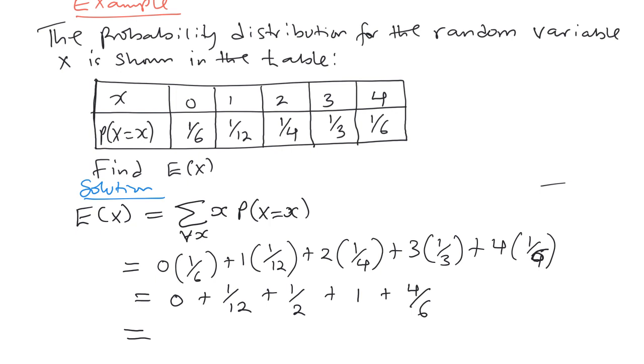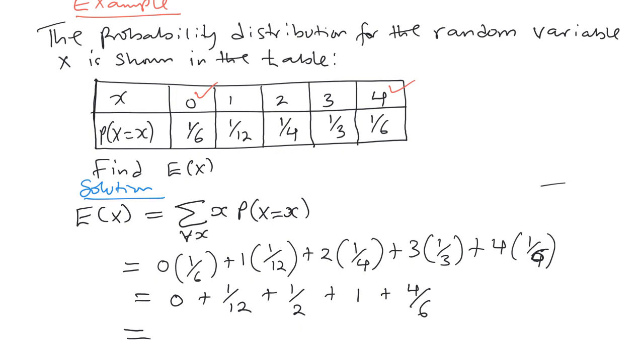But what you have to know about expectation is that it is going to be an x value between 0 and 4. The expectation cannot be less than 0 in this case or more than 4. Expectation is an x value, so the answer must lie within 0 to 4. So you do the addition.